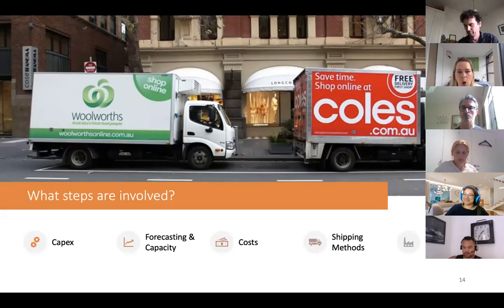If it gets too cold, I don't know if you've ever opened up chocolate and it's got the white on it, and that's from when it's got cold, not for any other reason. So it's understanding all of those steps. It can't get too hot, it can't get too cold, and you've got to get it to the store and manage that.